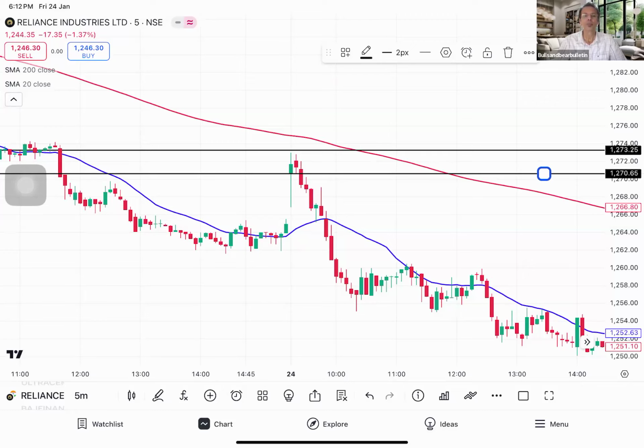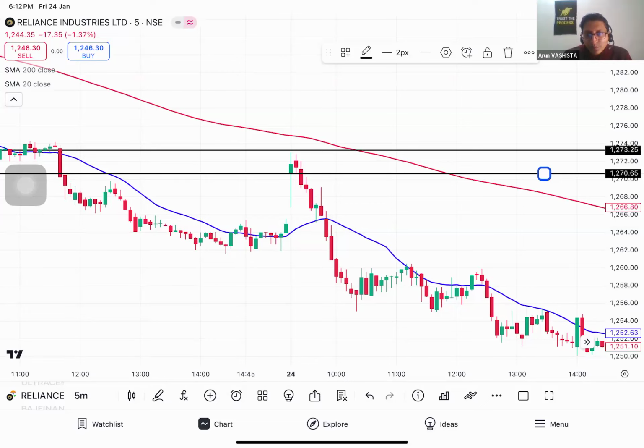That is where I take the short, and I normally keep the high of the previous green candle, or the immediate high, or near the 200, as my area of stop loss. In this case the stop loss was just 3 points, 3 rupees.